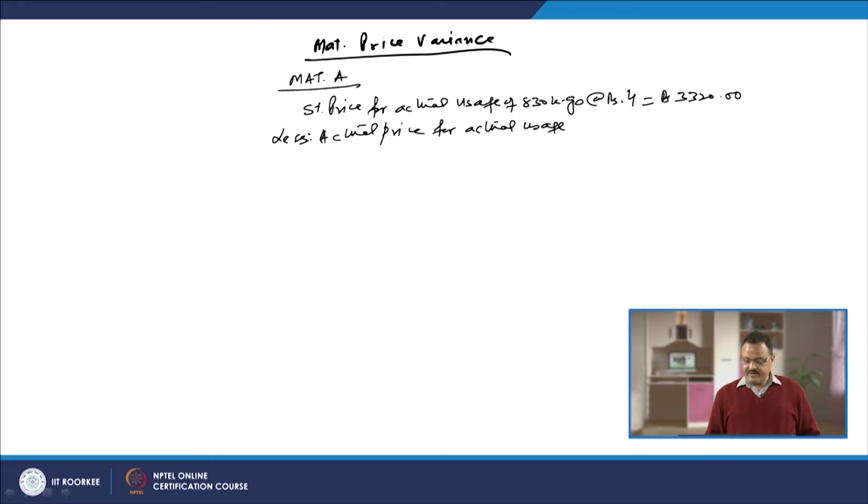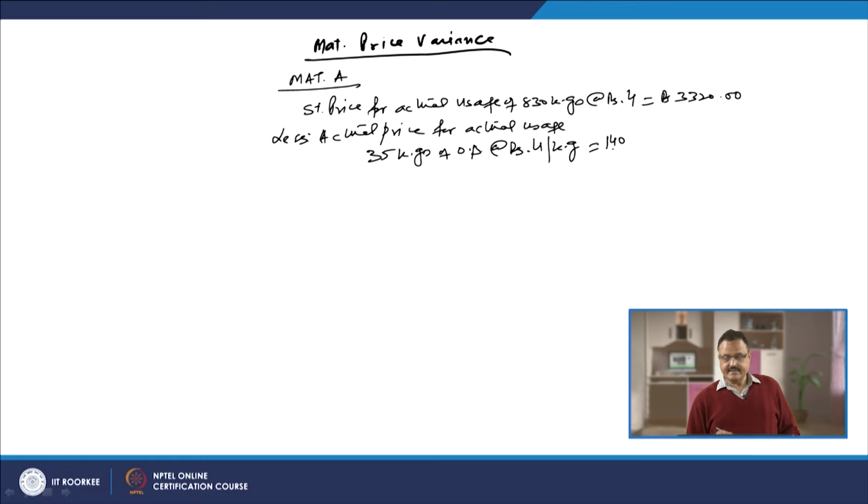You have to again bifurcate into two parts. First was the 35 kgs, that is the opening stock. So number 1 is 35 kgs of opening stock at rupees 4 per kg. How much will it come out as? The final amount will work out as 140, right.